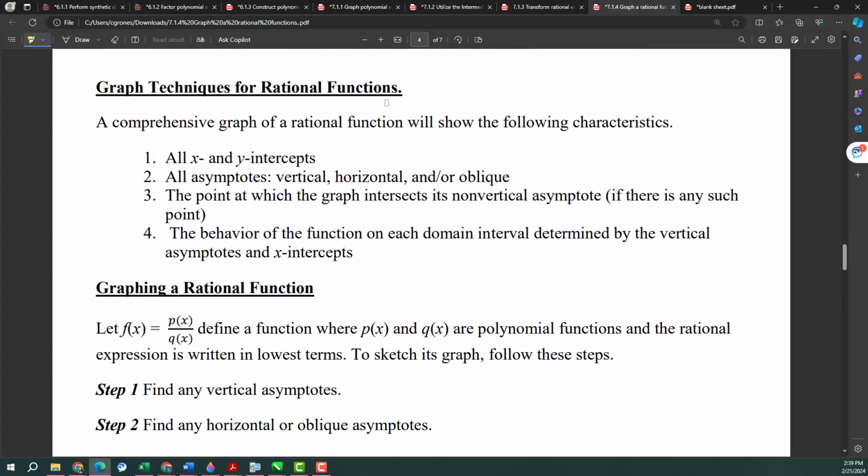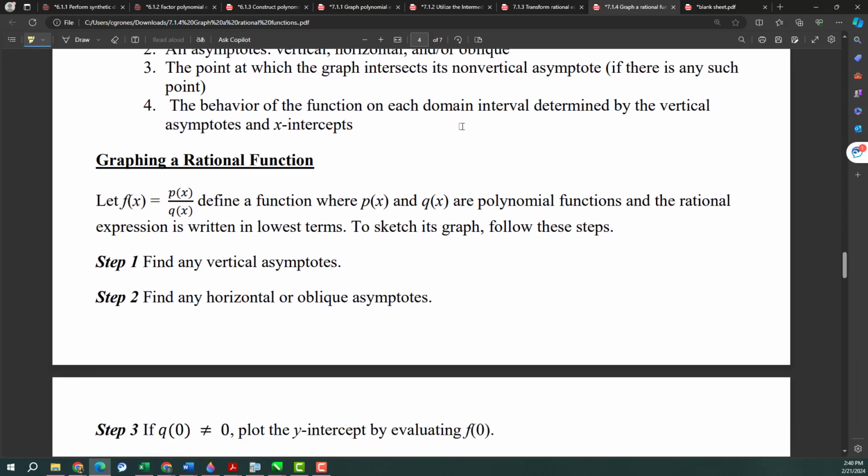There are some graphing techniques for rational functions and different steps.